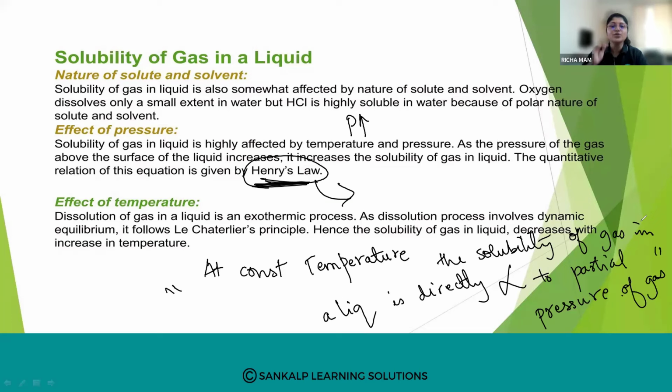So this is Henry's law. That is, as you increase the pressure, the solubility of a gas in a liquid goes on increasing. So this is about the effect of pressure.